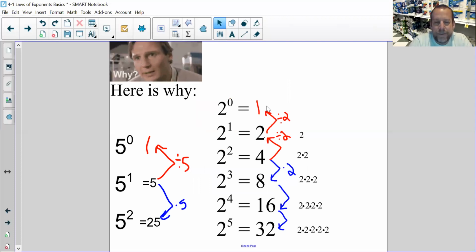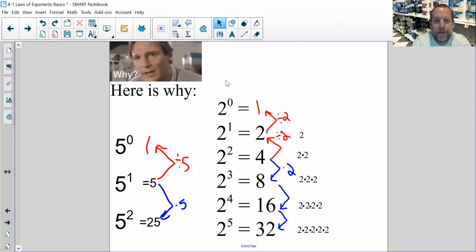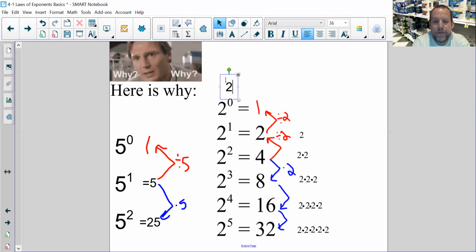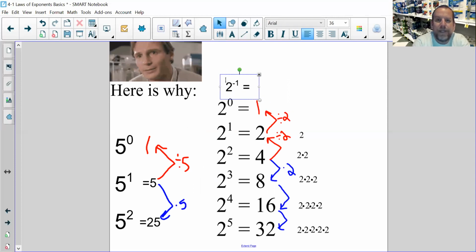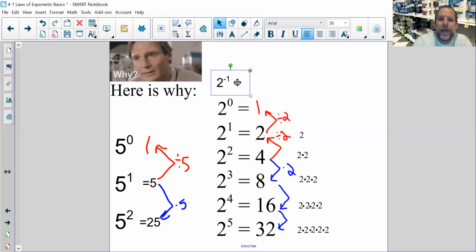So let's, again, explore the why of this. We don't want to just go on rules. We want to know why these things work. If we step this back one more level, we would have 2 to the negative first power. And if we want to know what that equals, let's just continue the pattern.